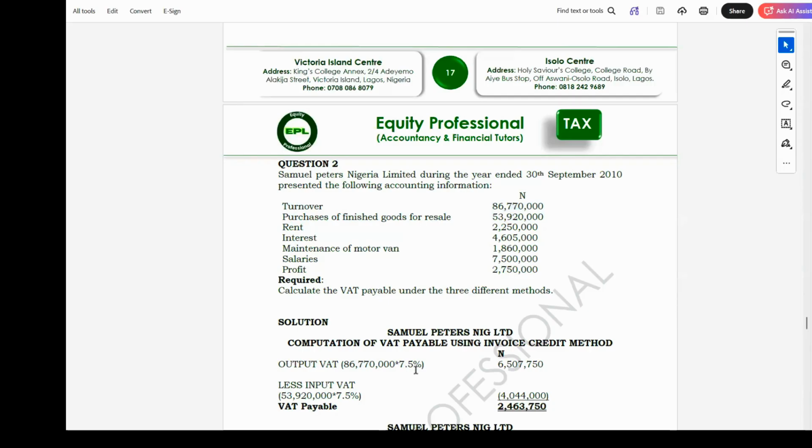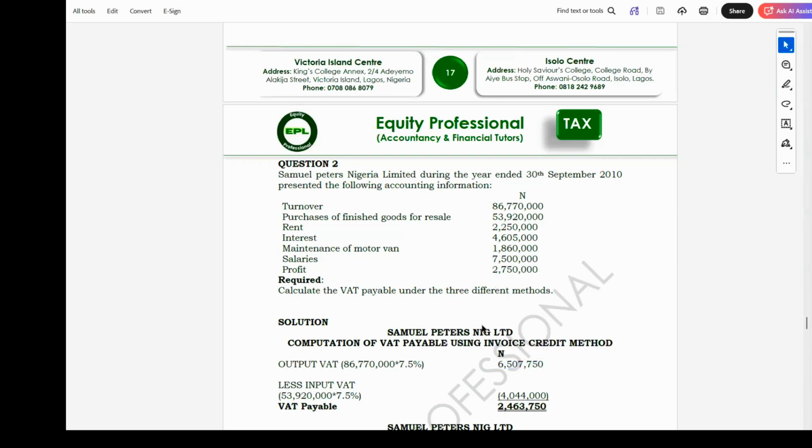Because in this question we are not told whether it is VAT inclusive or exclusive, we assume exclusive, and it will be 7.5 divided by 100, which is 7.5%. So output VAT will be 86,770 times 7.5%. That will give us this value of 650,750.